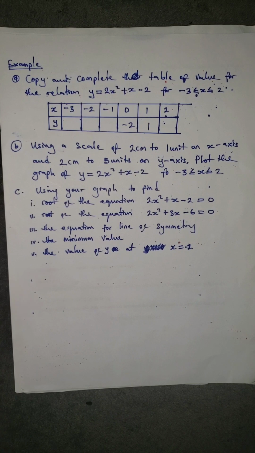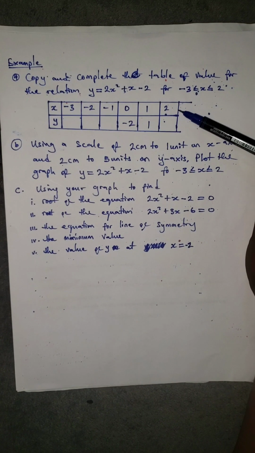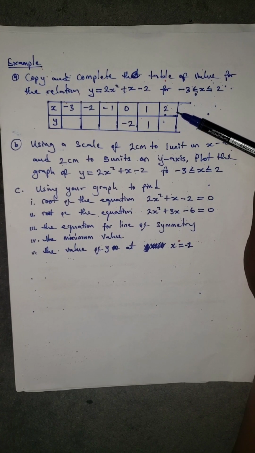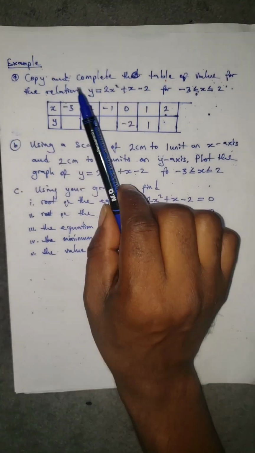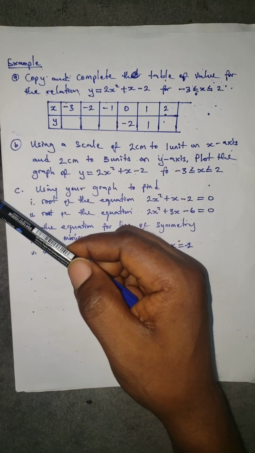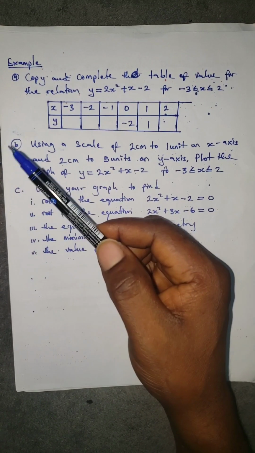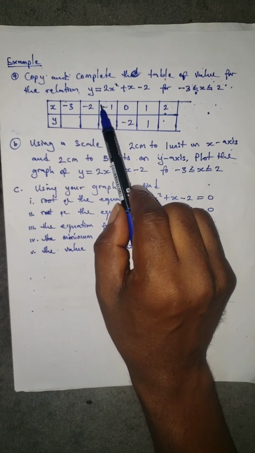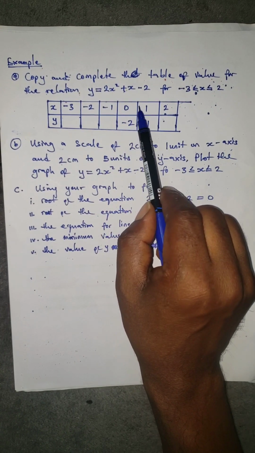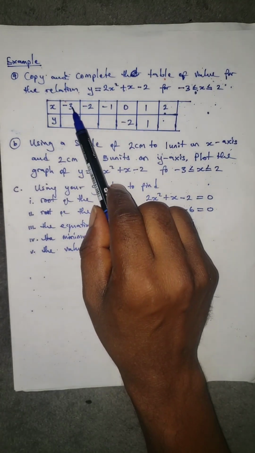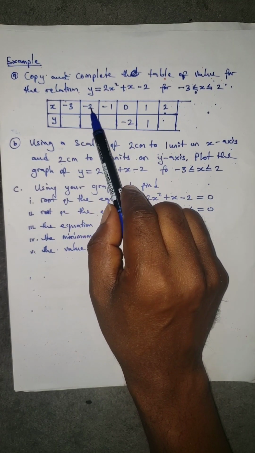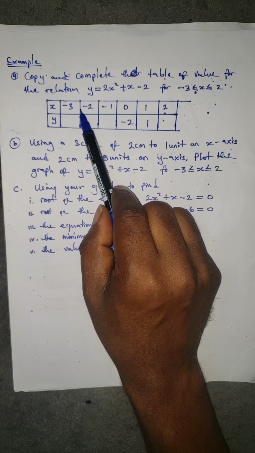So let us first of all take care of the first question, which is the table of values. Now, in this table of values, I'm going to use the method that I described in one of my videos. Which method is that? It is a method that helps us to plot our curve very smoothly by inserting a number between each of the two numbers that I have here. What does that mean? Between minus 3 and minus 2, I will insert a middle value.